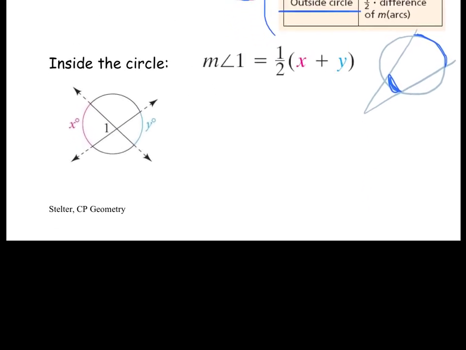Inside the circle, the measure of angle 1 equals 1/2 the arc degrees for x, which is right here, plus the arc degrees for y, which is right here. You take half of that or divide by 2, however you want to look at it, and that's going to give you this angle 1, which is also this angle because they're vertical angles.